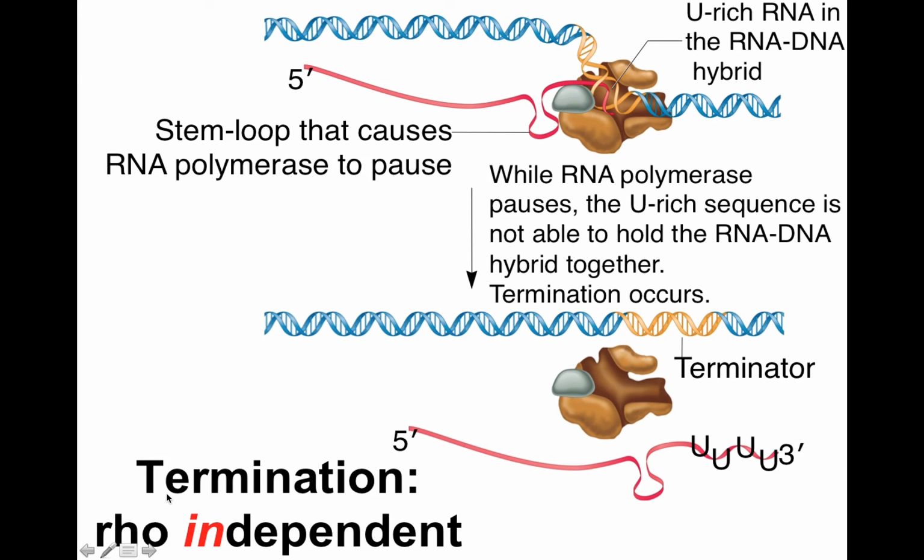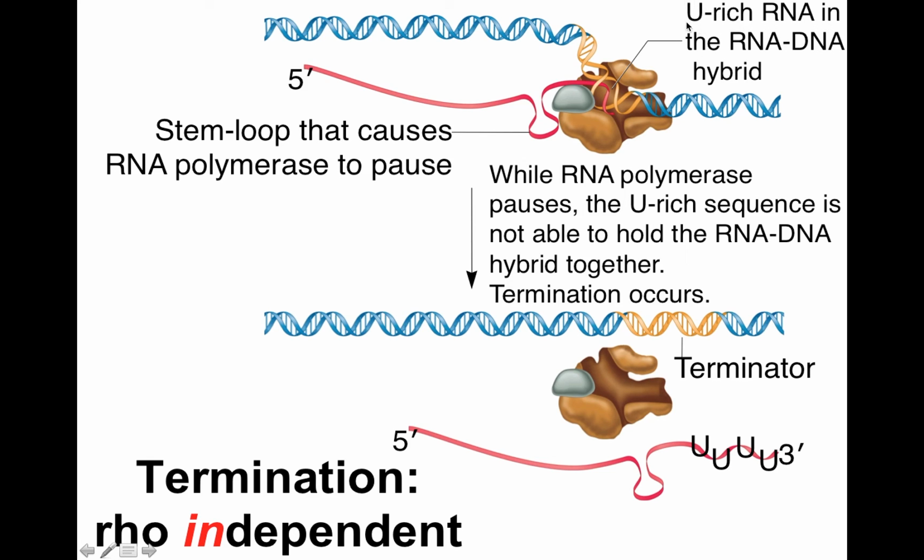The second type of termination is called Rho independent because it does not require the presence of the Rho factor. In this case, a stem loop is formed. But following the stem loop, the sequence of RNA in this region of the transcript, right at the very end, is U-rich. It has a lot of uracil residues in it.